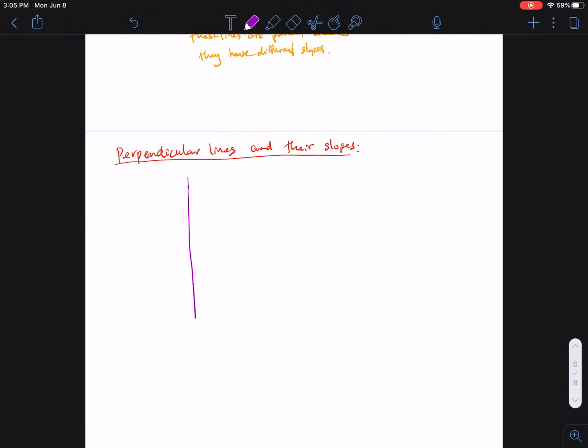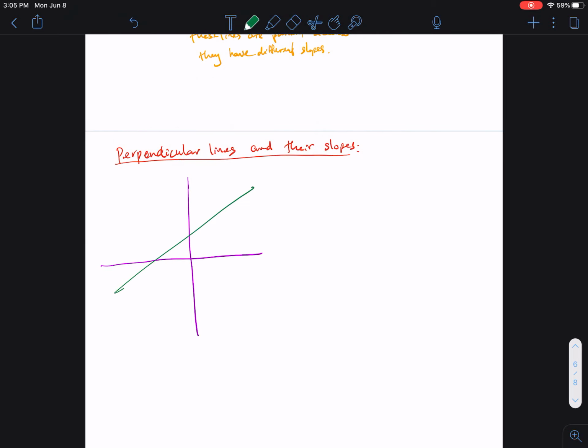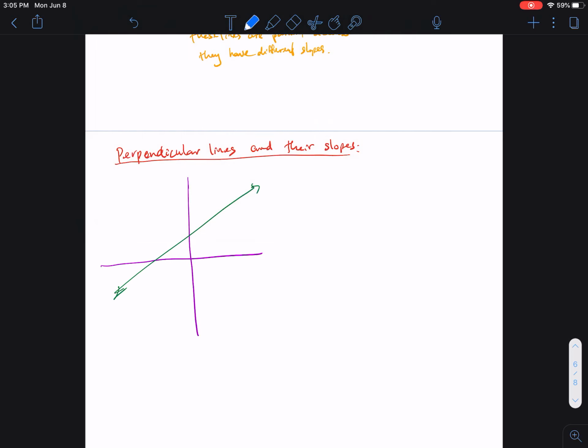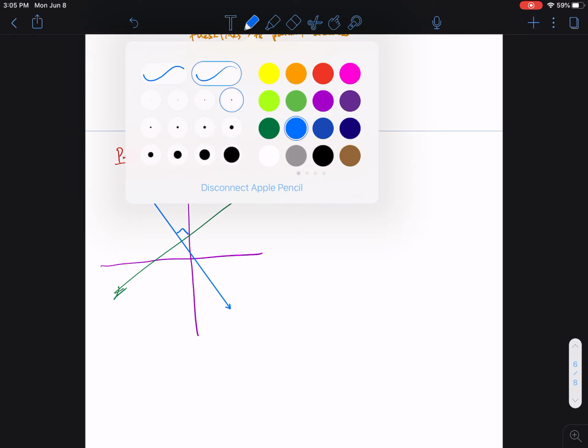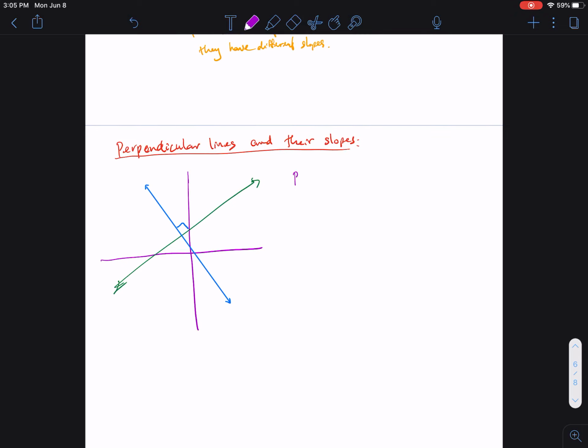If I draw two lines in the same set of axes, we have this line like this, and for a line to be perpendicular to this one, it's going to intersect this line at exactly a 90-degree angle, something like that. So in this case, the two lines are perpendicular. And if two lines are perpendicular, the slopes are not the same, as you see the difference there.